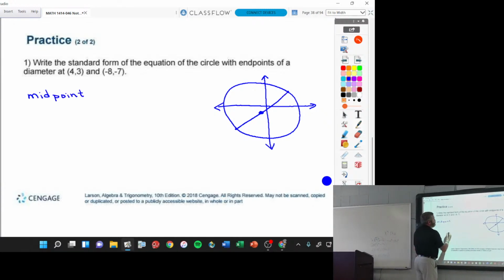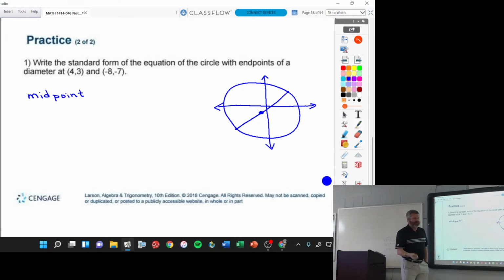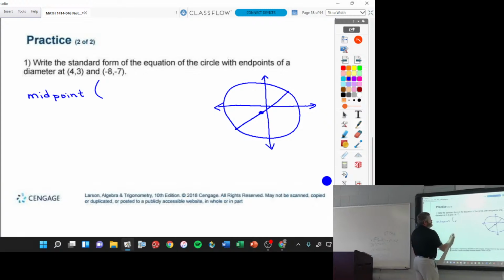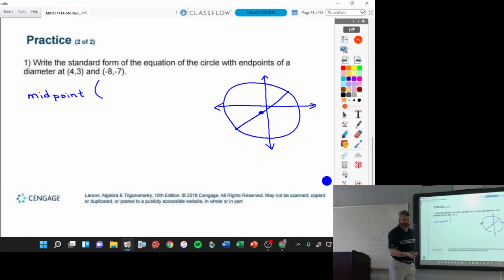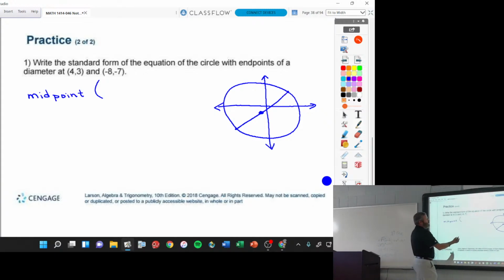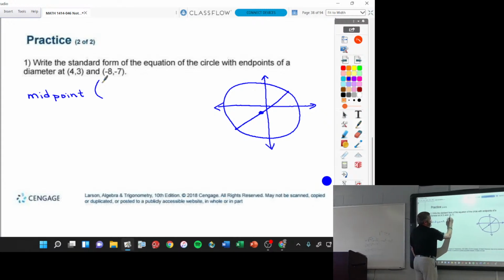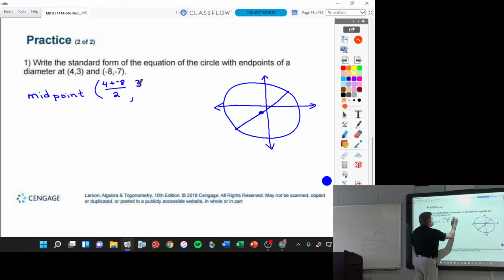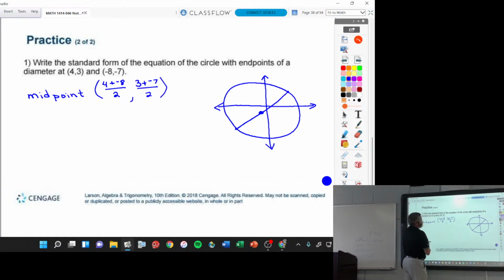All right, so to find the midpoint, I need half of the x values, half of the y values, or the average of the x values, the average of the y values. Either way, it doesn't matter how you say it. So my x values are 4 and -8. I'm going to add those together and divide by 2 to get halfway between the two. My y values are 3 plus -7 divided by 2.